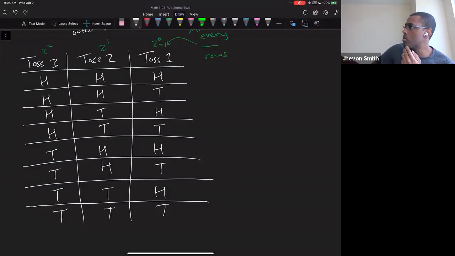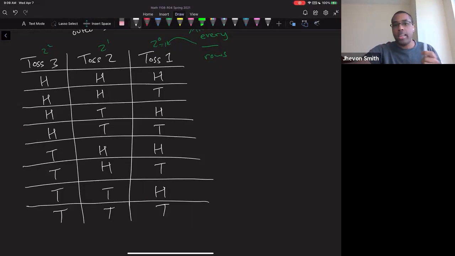I don't need to worry about, did I forget some order, what if the 8 came second, did I already do all the places where the 8 came second? No, this is everything, right? Once you follow this pattern of filling out the table, you have all possibilities. Make sure the number of rows follows the multiplication rule and fill out the table this way. You will have all possibilities, and it's represented here.